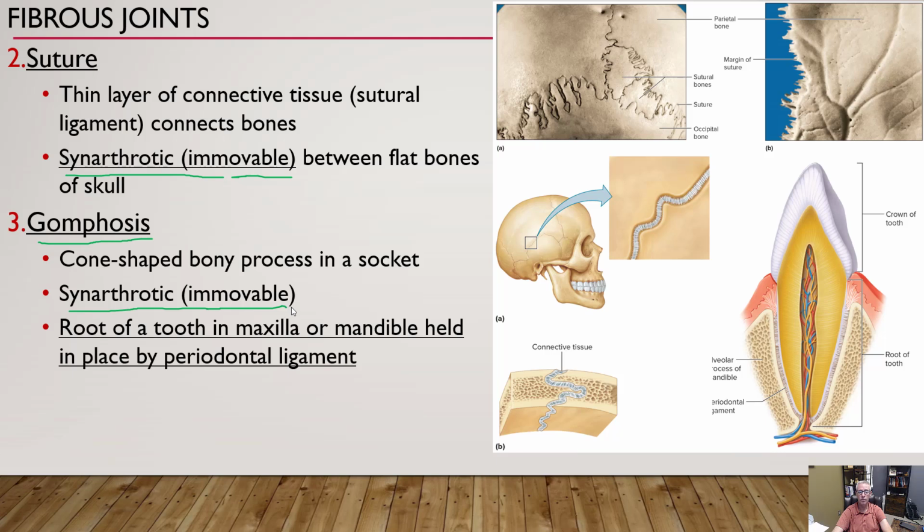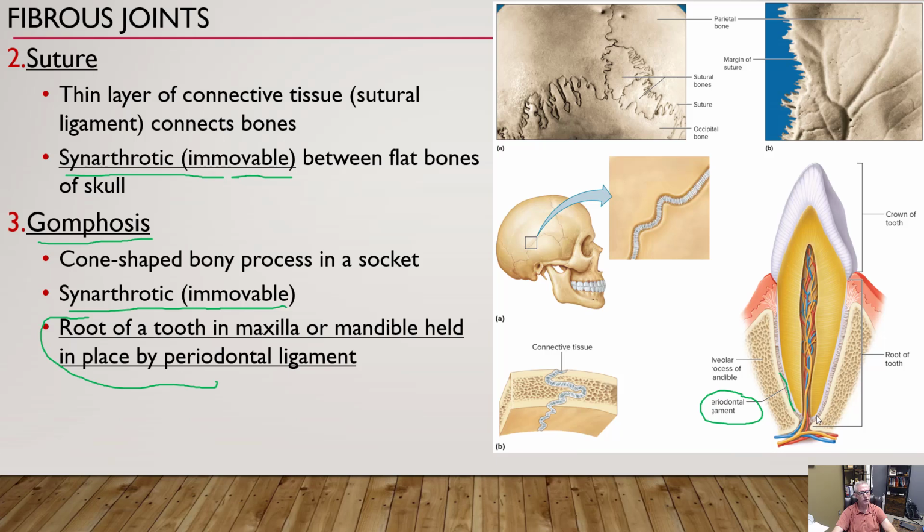Gomphotic joint or gomphosis is a synarthrotic joint. It is an immovable joint. Really, the only place that we see this is in your teeth, where that tooth kind of sits in that socket, and it's bound together by this periodontal ligament. You can see the periodontal ligament there.